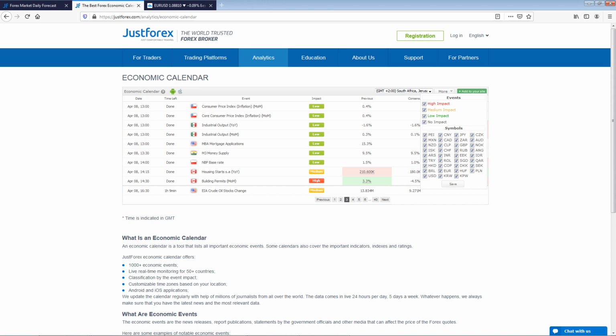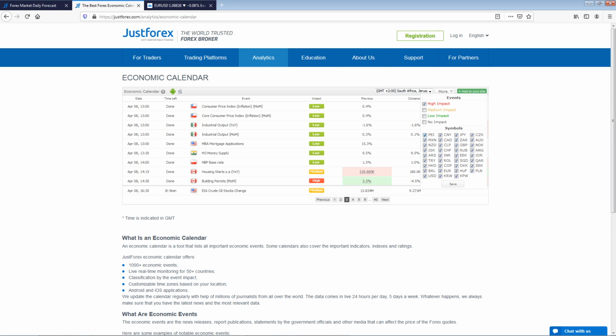As you can see, there are different types of impact. Let's say there is no interest in watching the low impact news, because usually that is the kind of news that does not cause a lot of significant movement on the market, so we will remove that type of news, as well as the medium news impact.